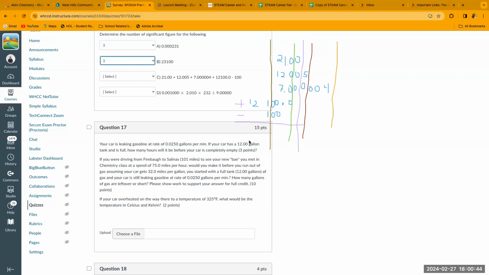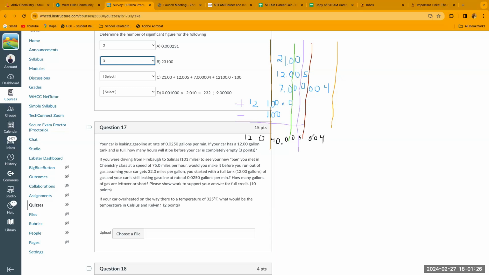That would be, what is that? So we end up with 12,040.0005004.